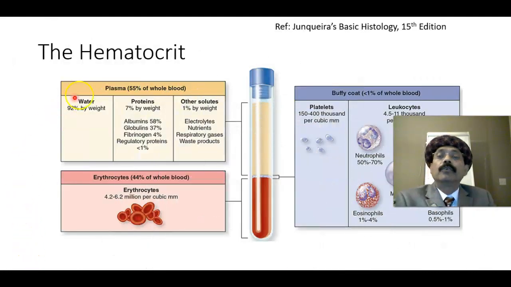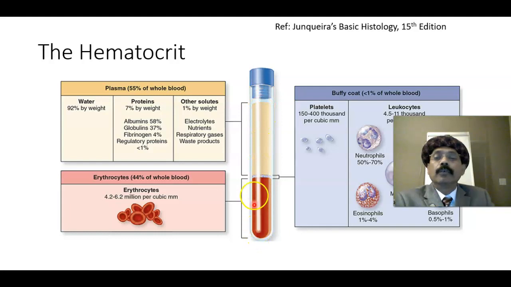Okay, so if we study the formed elements of the blood, we can separate them from the fluid portion of the blood by a centrifuge machine, and we can check the hematocrit. Hematocrit is the percentage of the erythrocytes to the entire blood volume.